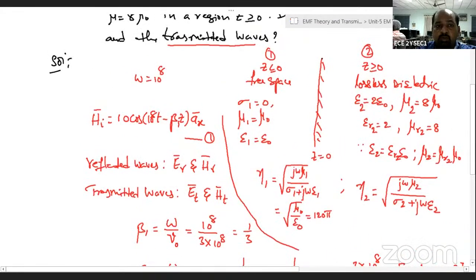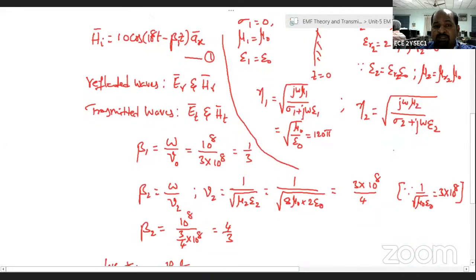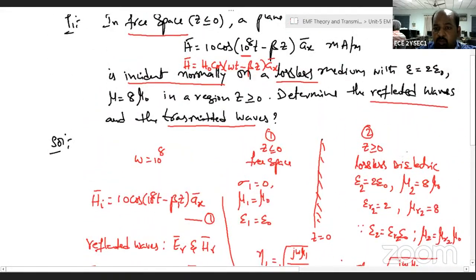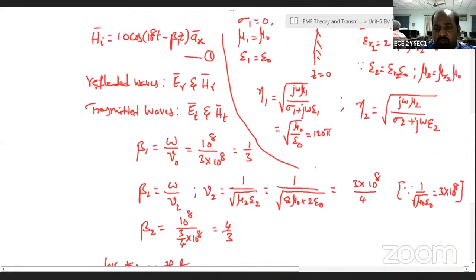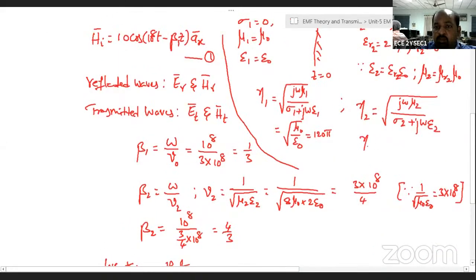Sigma 2 is 0 because the medium is lossless. Therefore eta 2 is equal to root of mu 2 by epsilon 2, which is equal to root of 8 mu naught divided by 2 epsilon naught. How much will you get?